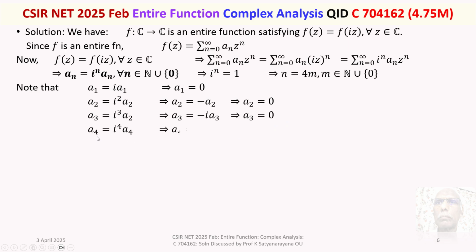And if you see a4 is equal to i power 4 a4, i power 4 is 1, a4 is equal to a4, which we have already told you. In general, seeing this pattern, a suffix 4m plus 1 is equal to a 4m plus 2 is equal to a 4m plus 3 is equal to 0 for all m belongs to N union the singleton 0.